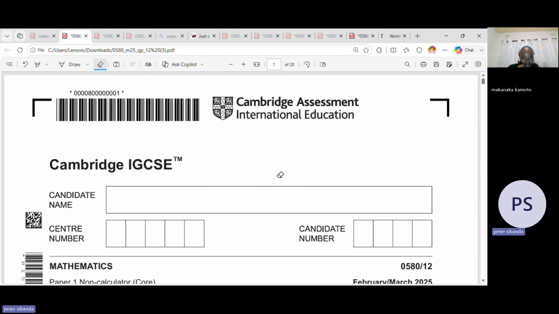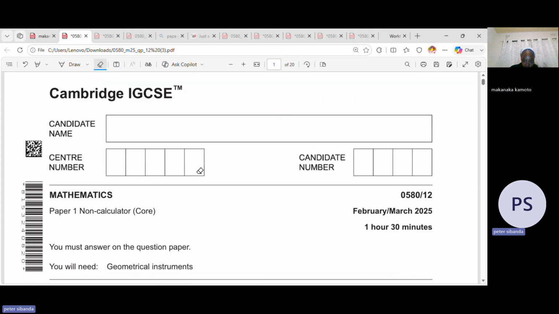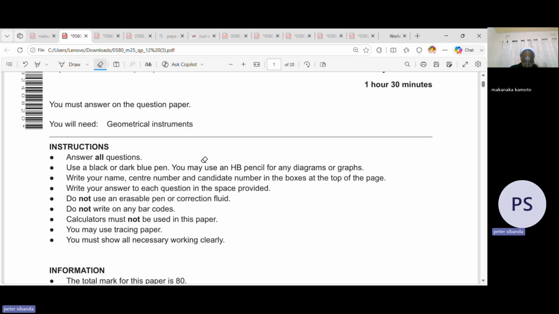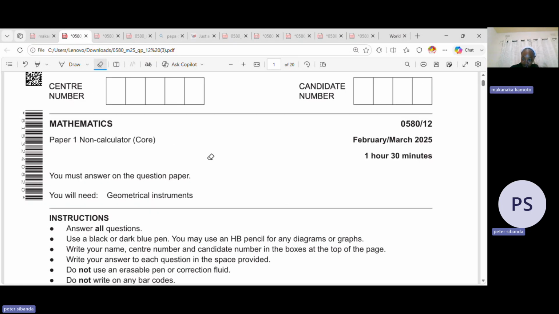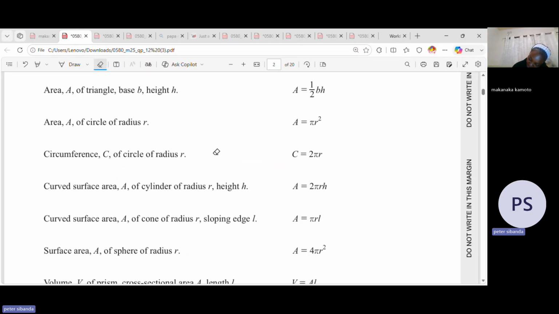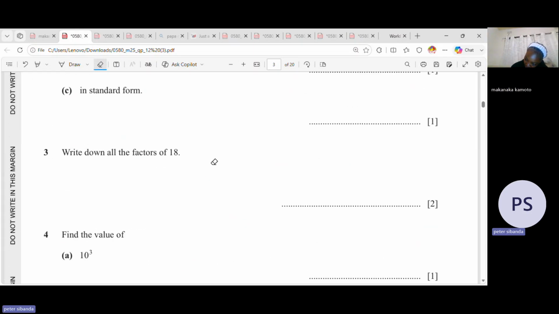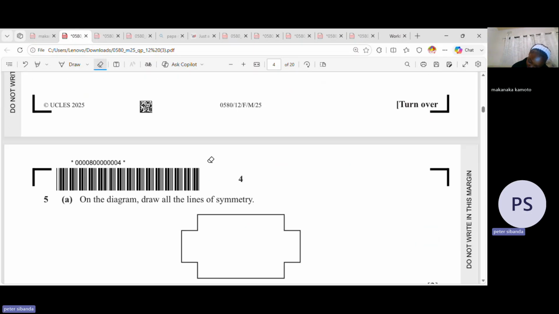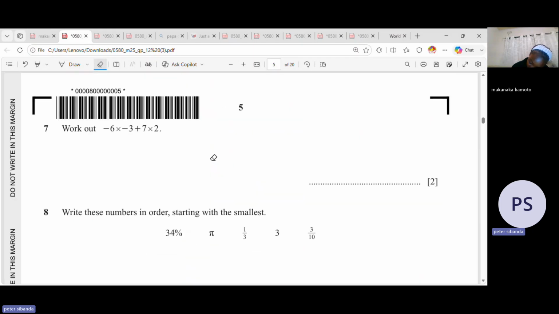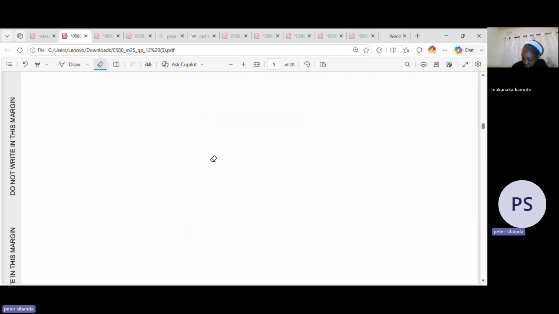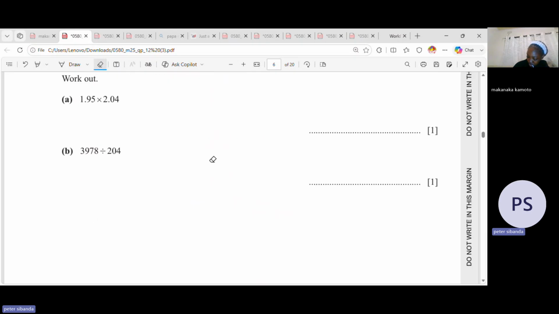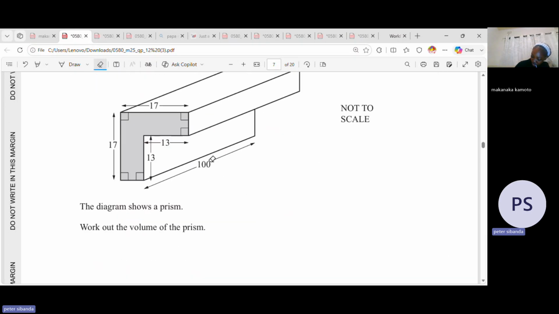All right. Let's just look for equations and simultaneous equations. So here I'm starting with paper 1, non-calculator, and this is from 2025 February, March. The first equation we are seeing here is... Where do we have an equation?